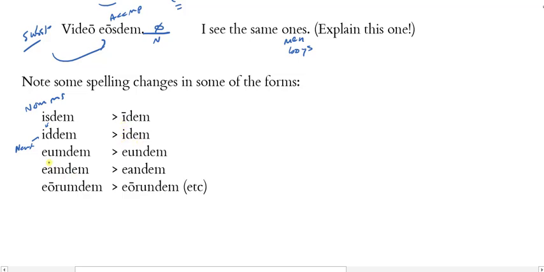Over here, I have emdem, and this is accusative masculine singular, right? Accusative masculine singular. And I would have liked to have seen emdem, but before the dental D sound, da, your tongue is over by the back of the teeth with da. The M is formed by closing the lips together.